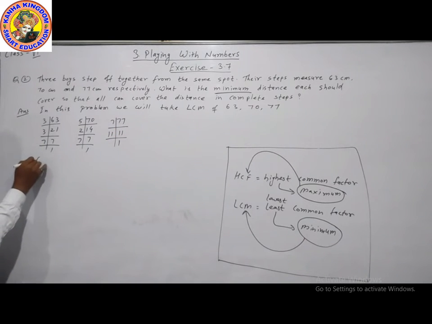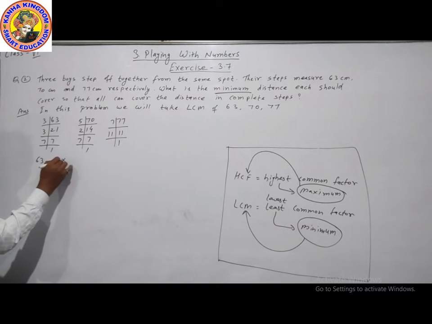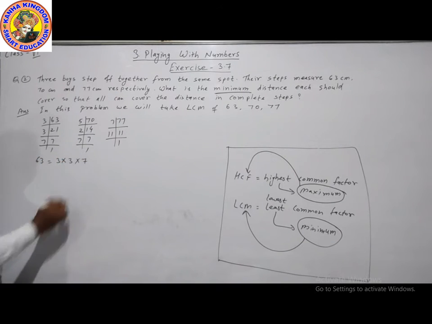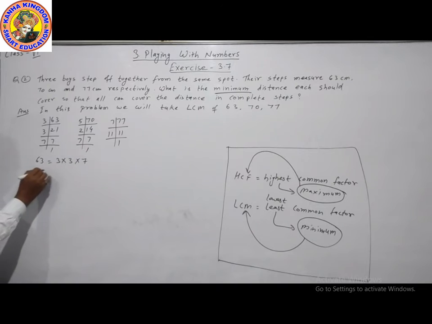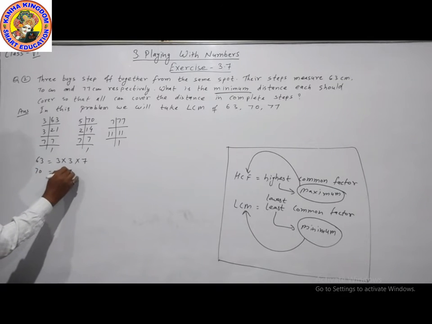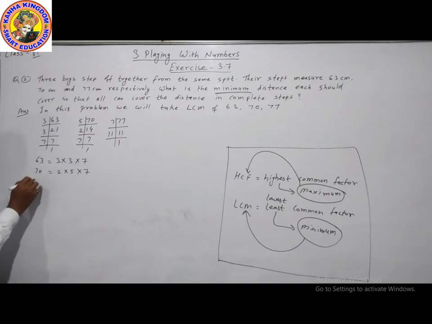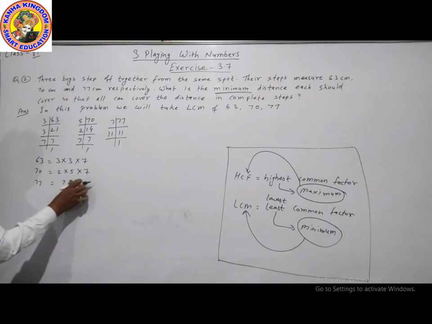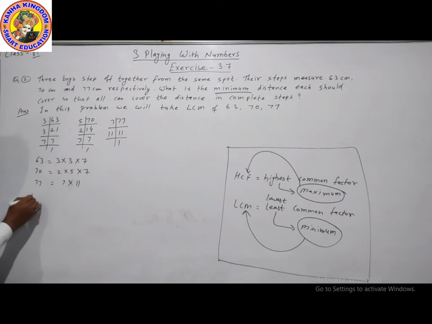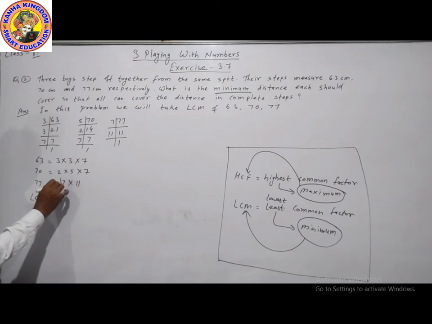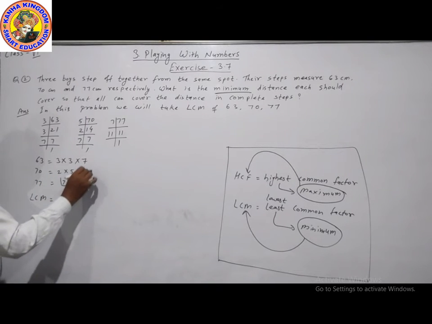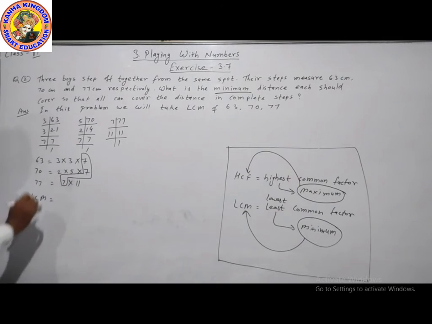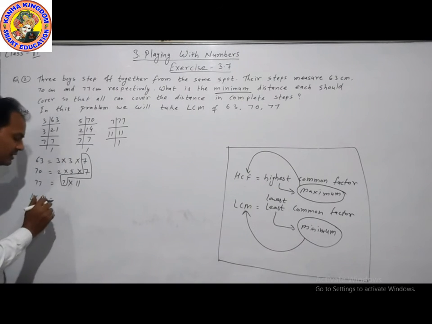Now 63 can be written as 3 into 3 into 7. 70 can be written as 2 into 5 into 7. Now 77 can be written as 7 into 11. LCM. First of all, we will take the common of these 3.